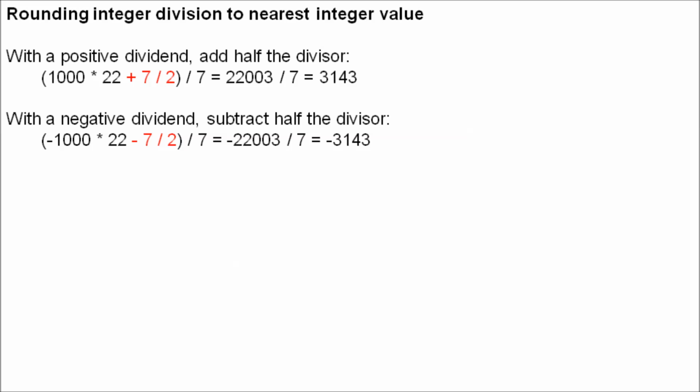To round a divide expression result to the nearest integer value, the absolute value of the dividend must be increased by half the divisor value. In other words, it must be added to a positive dividend and subtracted from a negative dividend. This is similar to the decimal rounding mentioned earlier.